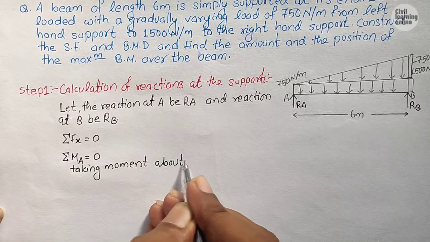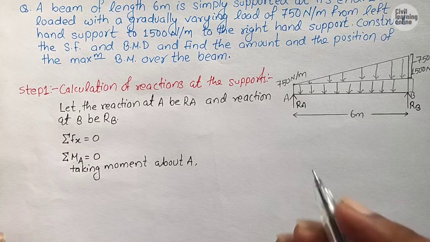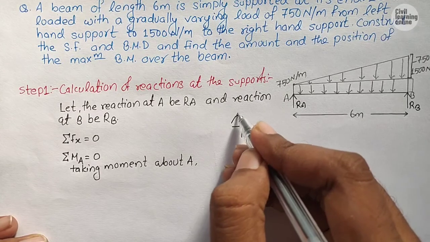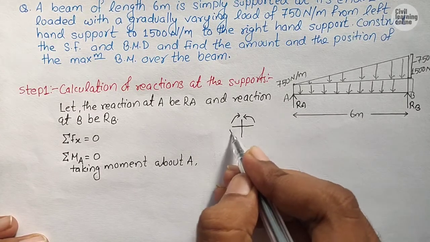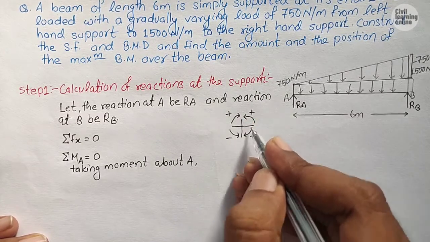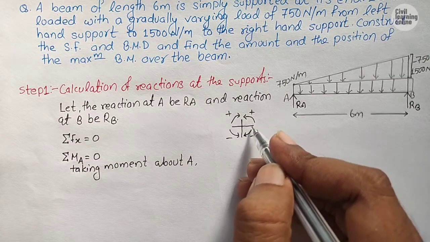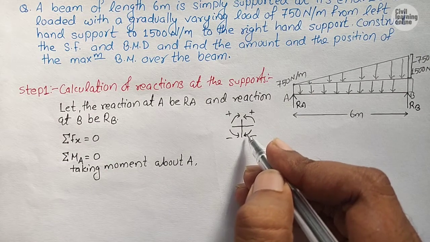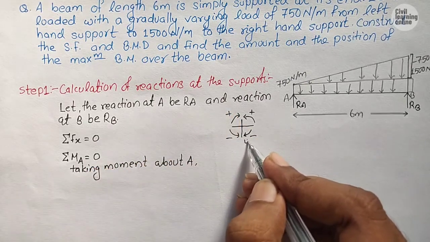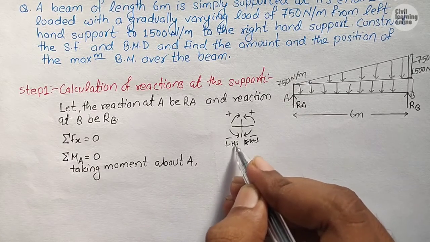Now guys, for taking the moment we have to follow a sign convention: anti-clockwise is taken as positive and clockwise is taken as negative. We can consider the sign convention of either RHS or LHS, it is up to us.